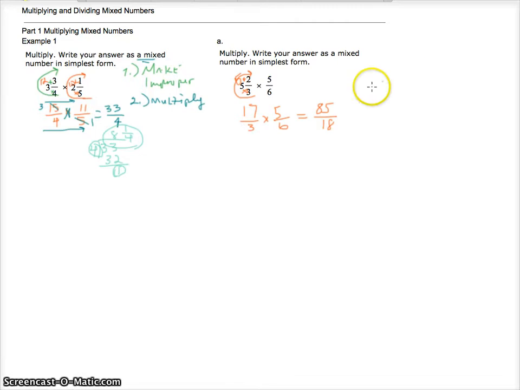Now it says to write my answer as a mixed number in simplest form. So the next thing I'm going to do is perform 85 divided by 18. 18 goes into 85, let's see, I think about 4 times. 4 times 8 is 32. 4 times 1 is 4, plus 3 is 7.